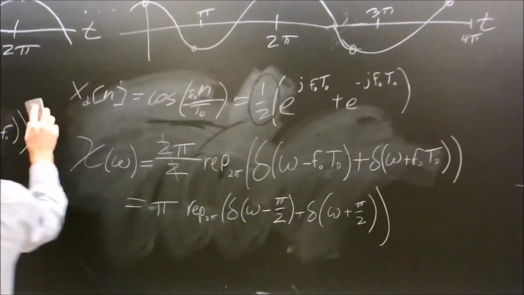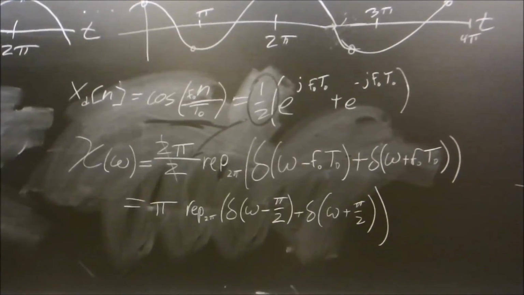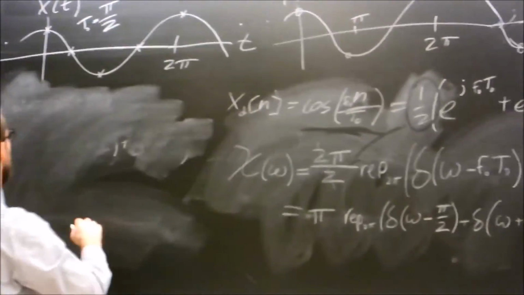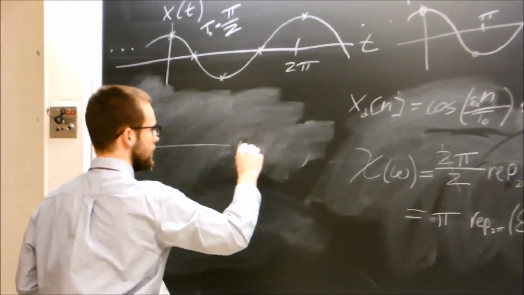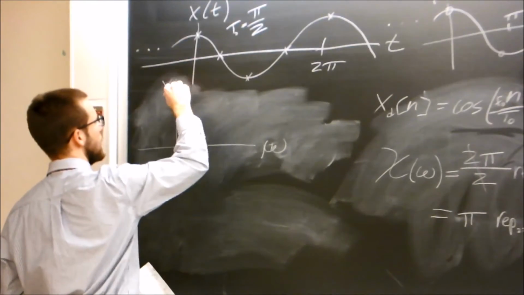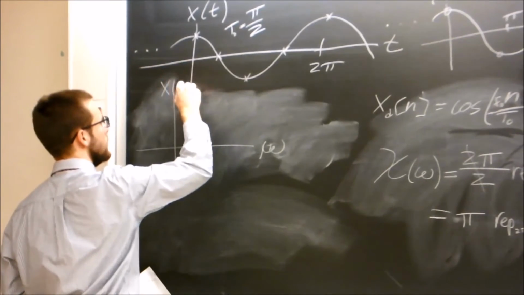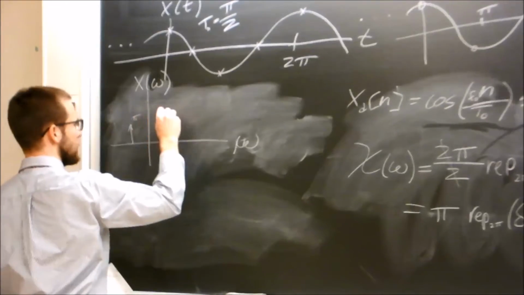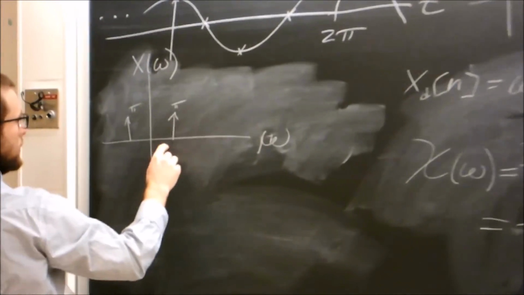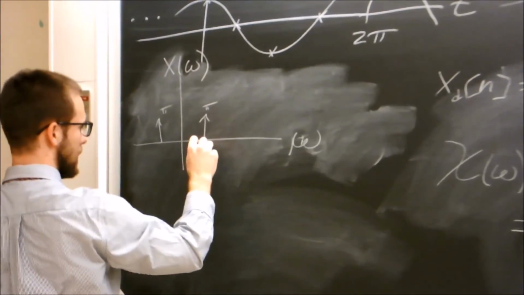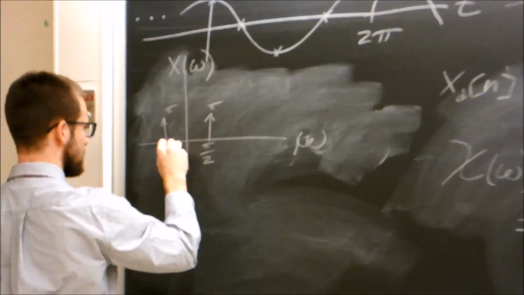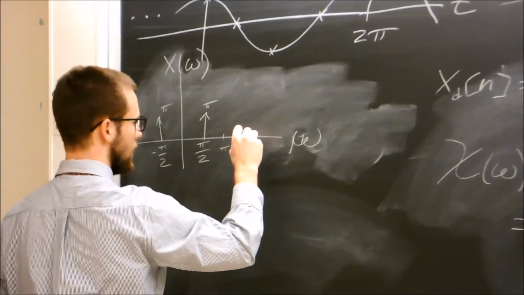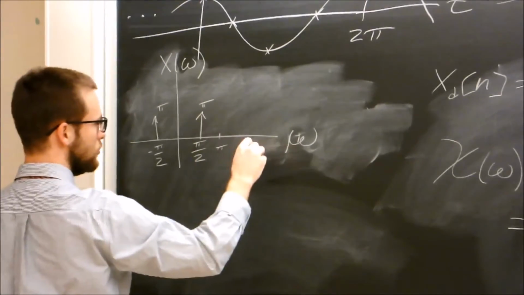And making myself a little more space here, if we draw that, X of omega, its deltas are scaled by pi at pi over 2 and minus pi over 2, and then we repeat this every 2 pi.